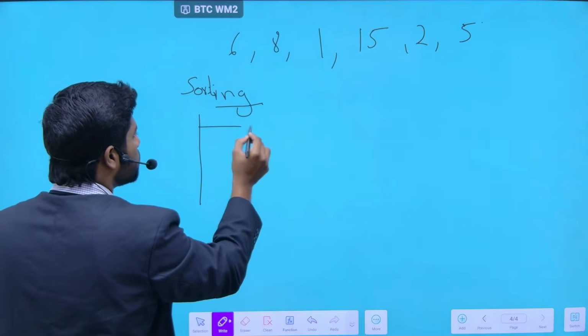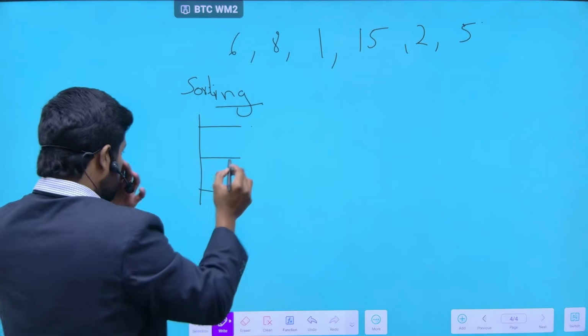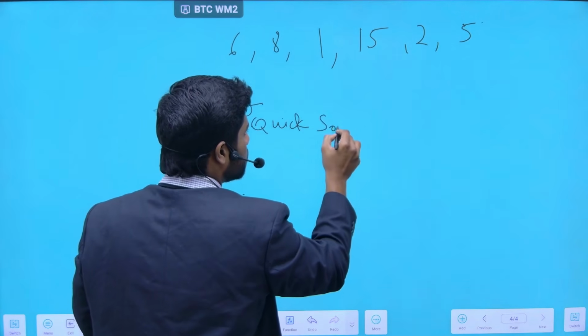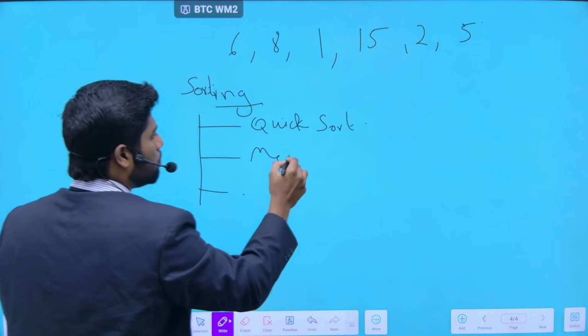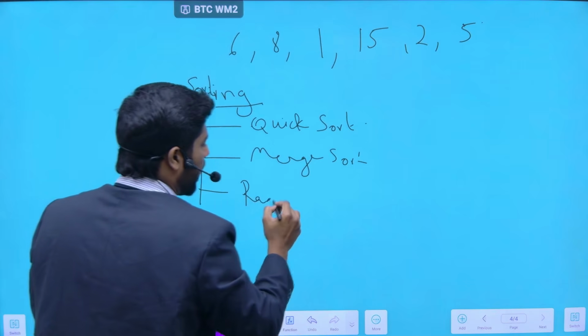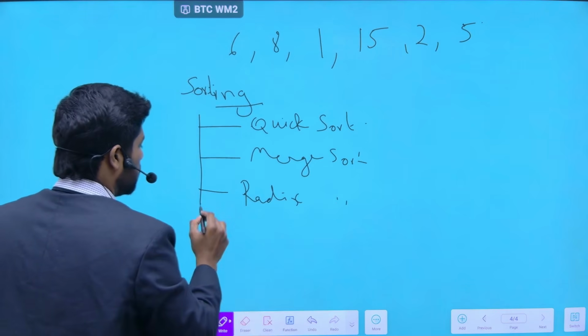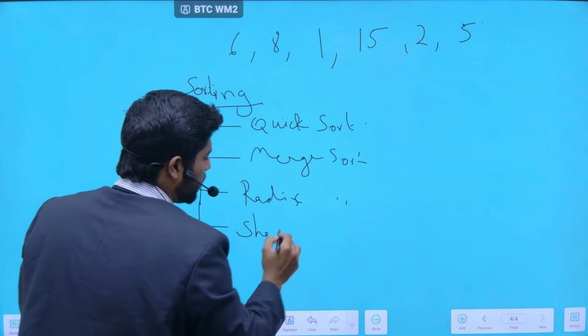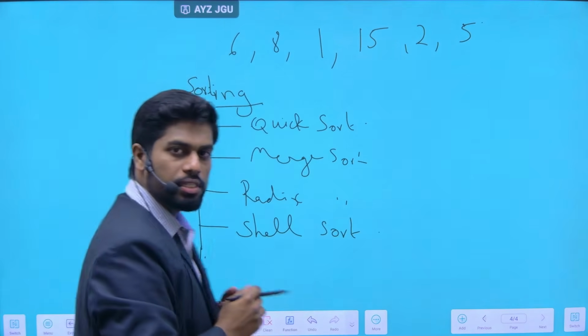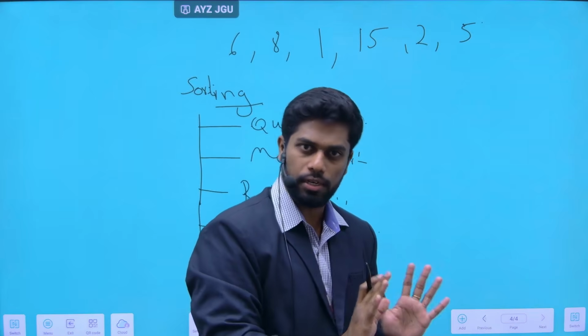Types of sorting: quick sort, merge sort, radix sort, shell sort. These are a few types of sorting techniques.